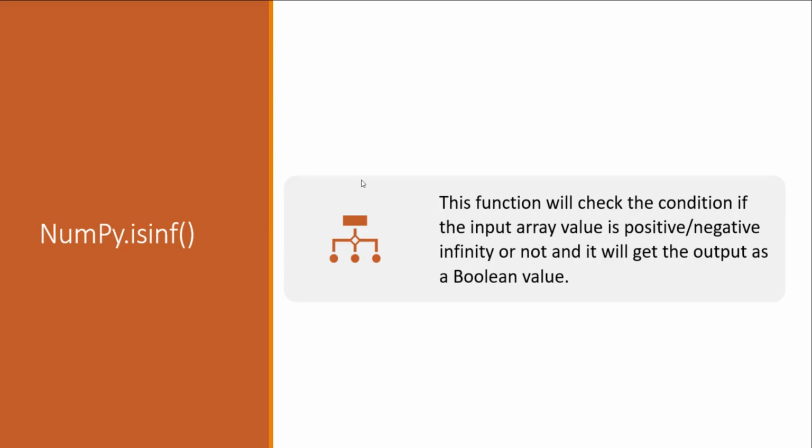The first parameter is an input array that we want to check for positive or negative infinity. The second parameter is an n-dimensional array which is optional, and it is the output array which is filled with the result. Now we will see an example to understand the numpy.isinf function.